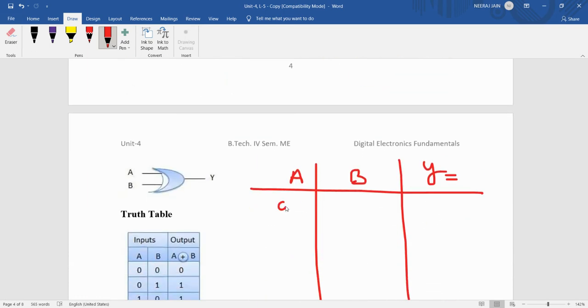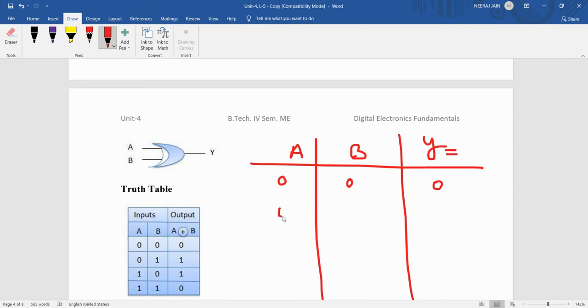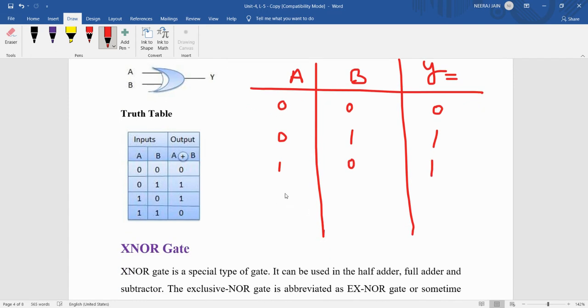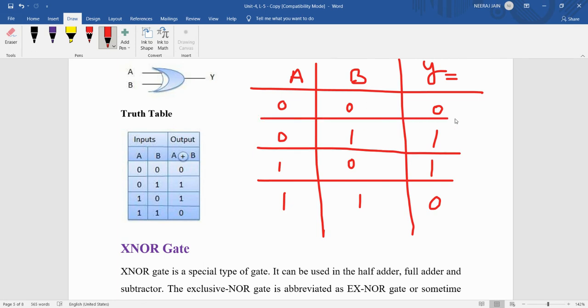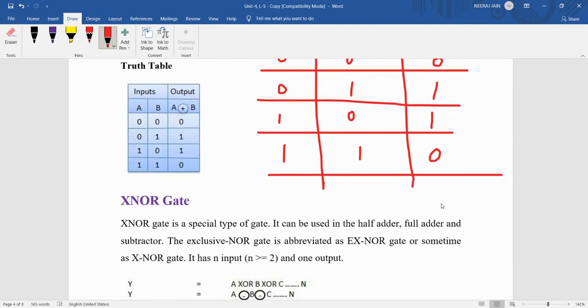If 0 0 is given, then the output will be 0. If 0 1 is given, the output will be 1. If 1 0 is given, then the output will be 1. If 1 1 is given, the output will be 0. In this way, we get the output of our XOR gate.